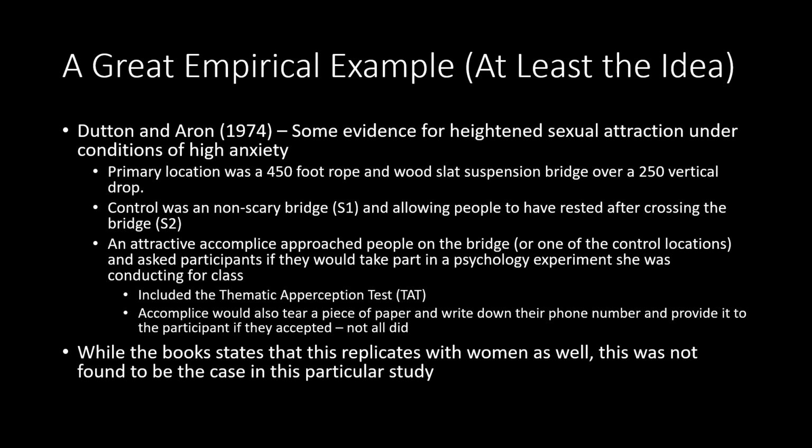This included something called the Thematic Apperception Test, or TAT, which involves showing people multiple pictures of different people together and asking them to report on the nature of the relationship of those people in the pictures. This can be given to people of all ages and genders because there are several different stacks of these cards. This was then coded based on how sexual or platonic the people's explanations were of the relationships of these various people involved in these pictures.